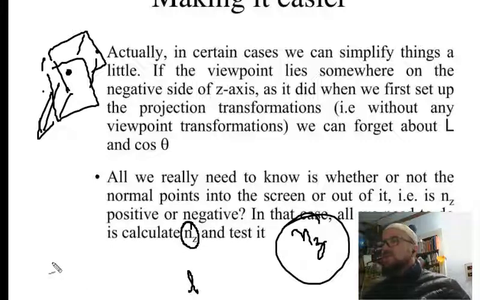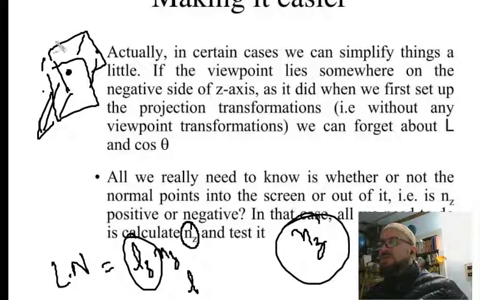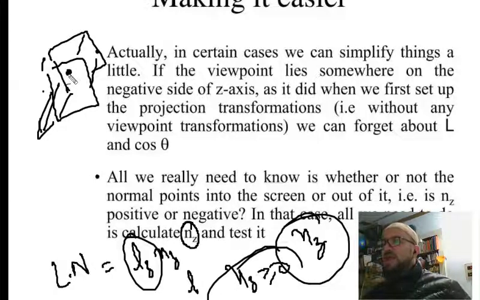So this L dot n will be equal to L of z into n of z, and L of z is a constant here. If n of z is coming on the negative side of the z axis, that means n of z will come greater than or equal to 0. So that means this is going to be a back face.